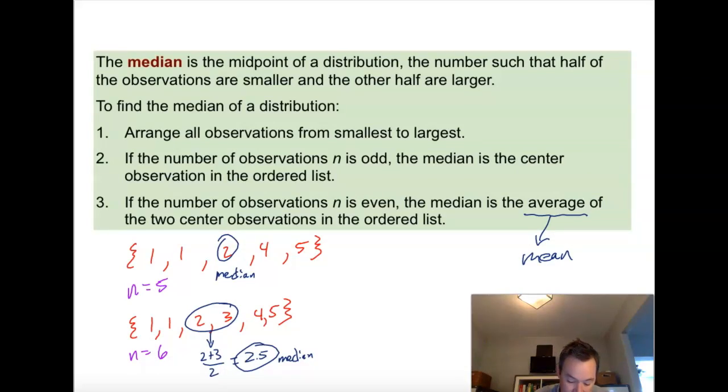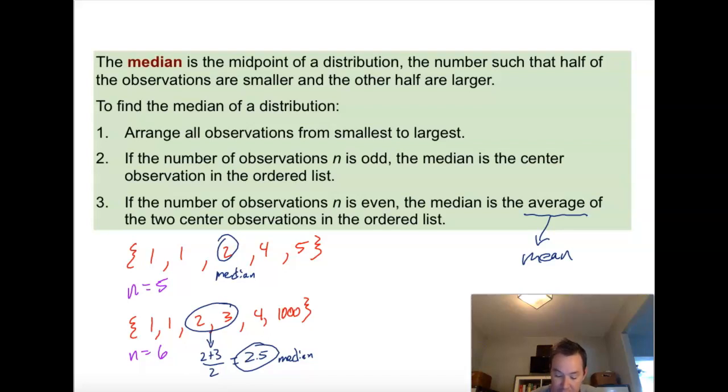So what if I threw in a huge number and, instead of 5, the upper value is 1,000. Does that change the median? Nope, these are still in order. The median would still be the average of the two middle, 2.5. So even an extreme observation doesn't mess with the median.